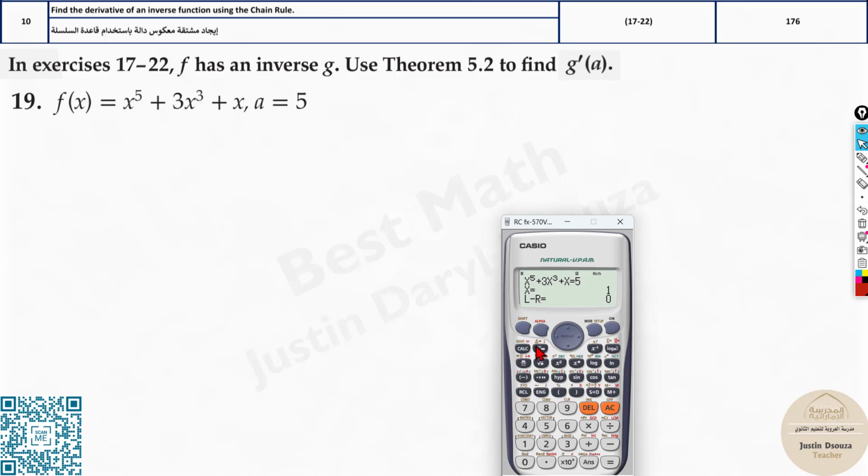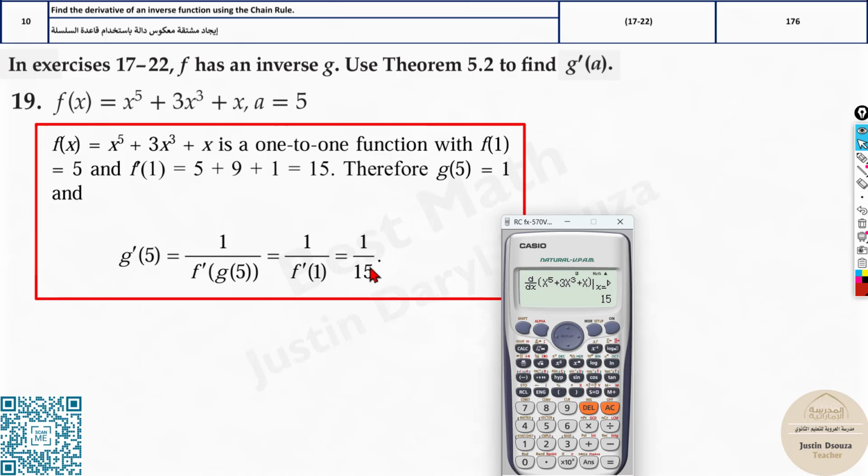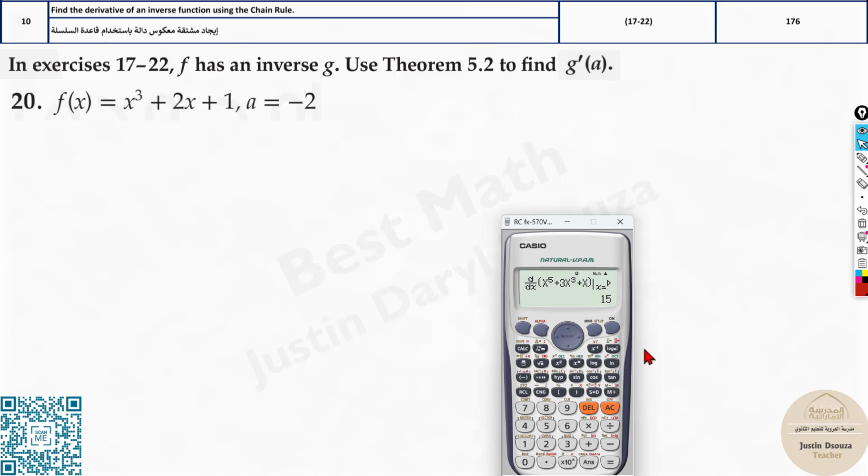So now we derive this particular function at 1. X to the power 5 plus 3x cubed plus x. The x value should be given as 1. Okay, 15. So the final answer will be 1 divided by 15. You can see here. This is it. So that is the shortcut method. Since it's the electronic part, the shortcut method is more than enough. You can do all the other problems like that.